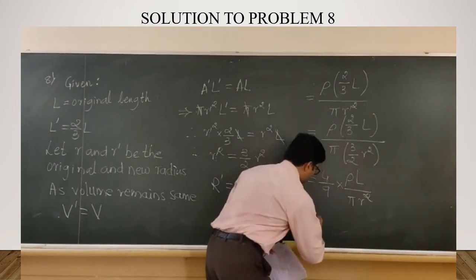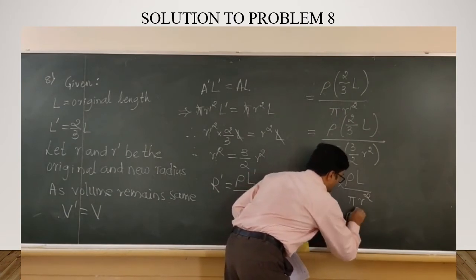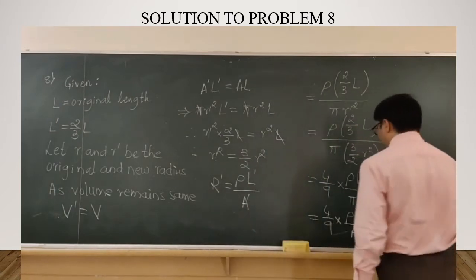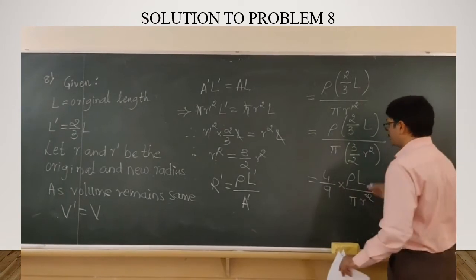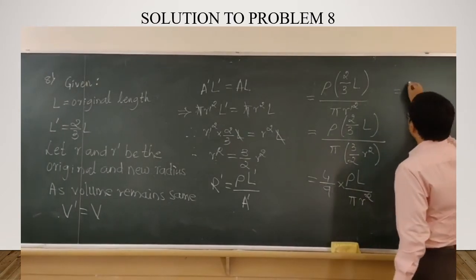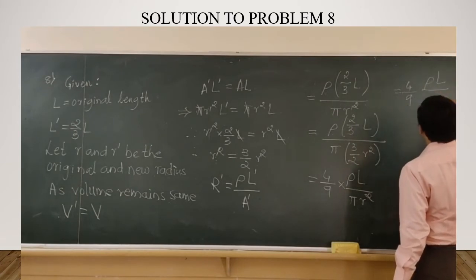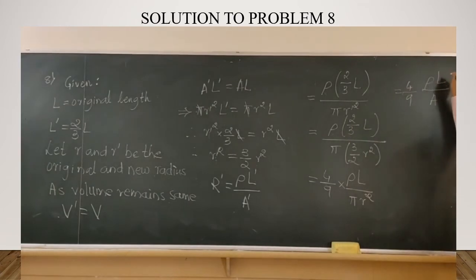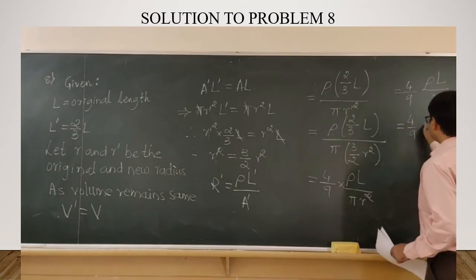So once again I mention this as 4 by 9 into rho L divided by area. Rho L by A. I think it might not be visible, so let me write here 4 by 9 times of rho L divided by the original area. Rho into original length divided by original area. Now this is nothing but 4 by 9 times of resistance R here.